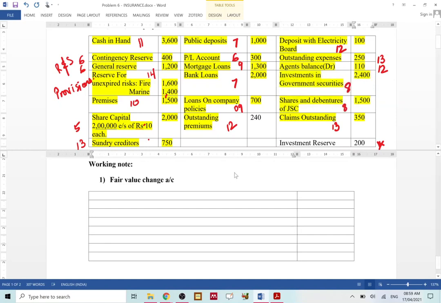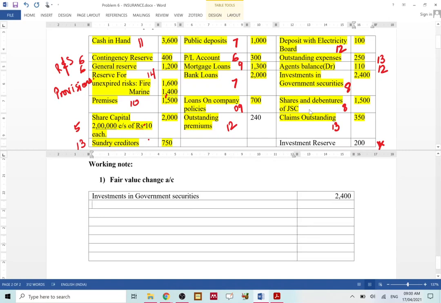Now you first have to take the value of the investments as shown in the books of accounts. Investments in government securities, amount is 2400. Then what other investments do you have?